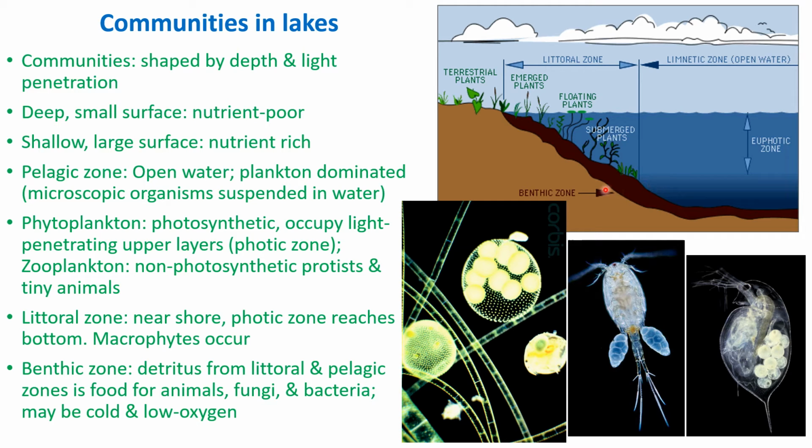Not to mention that the detritus accumulating in the benthic zone consumes whatever little oxygen is available. And the only source of oxygen for the benthic zone is diffusion from the euphotic zone.